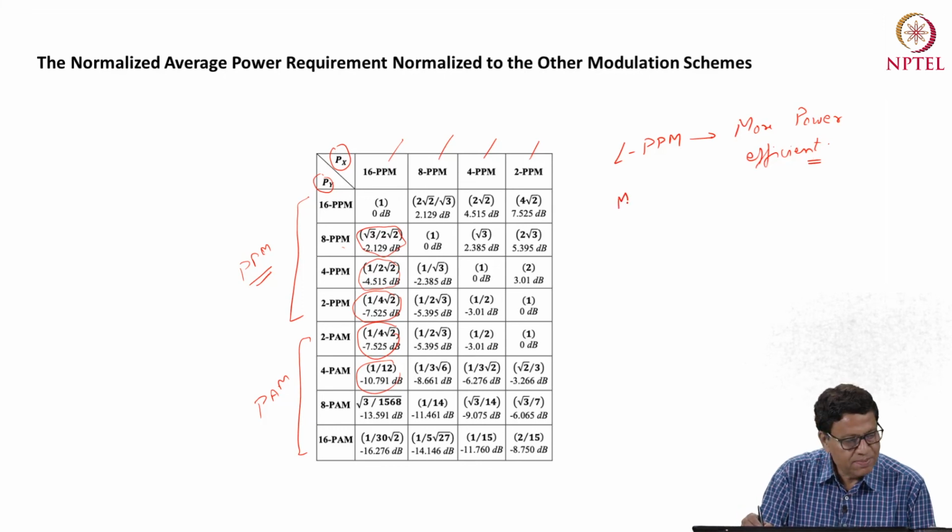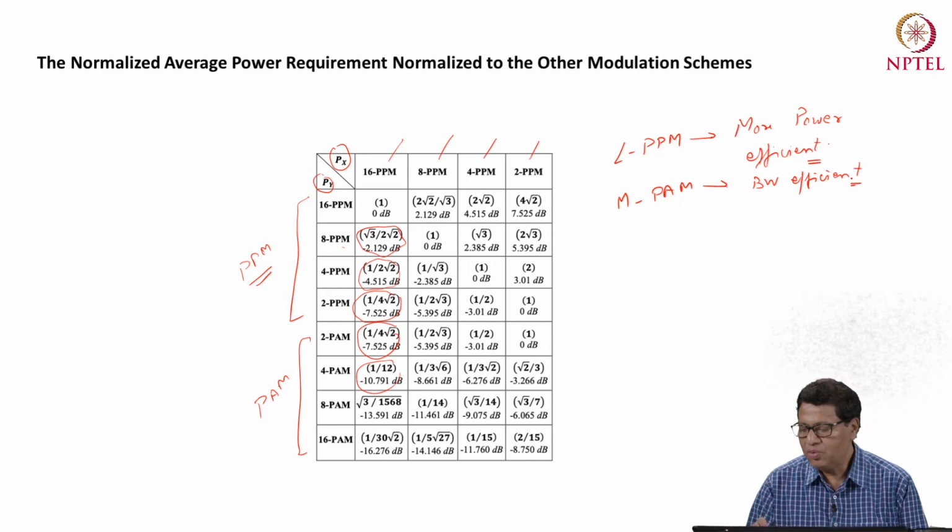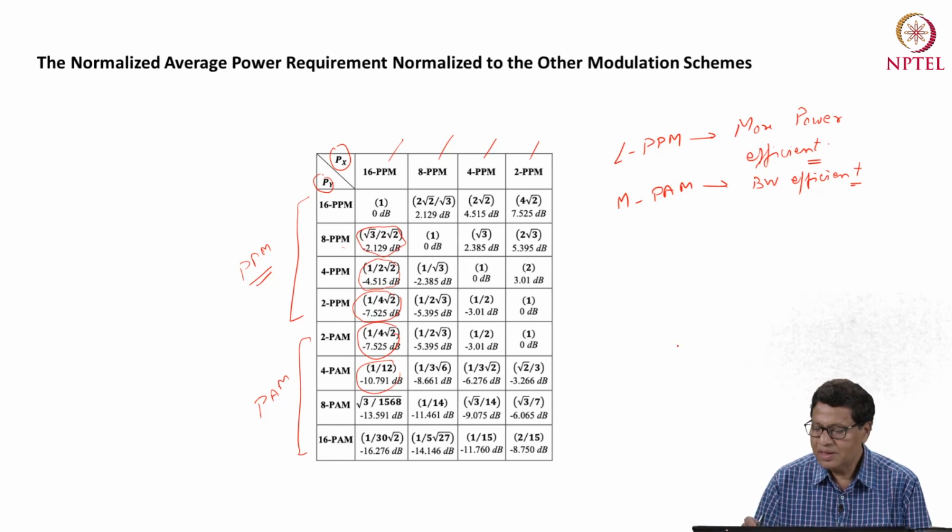And M-PAM is bandwidth efficient. So this is a scheme which can be useful when you want to consider bandwidth as the prime factor. So M-PAM is bandwidth efficient and L-PPM is power efficient.